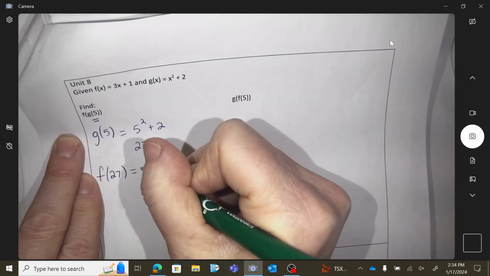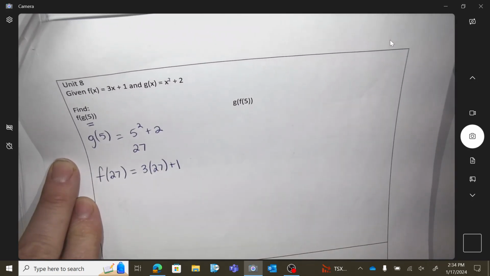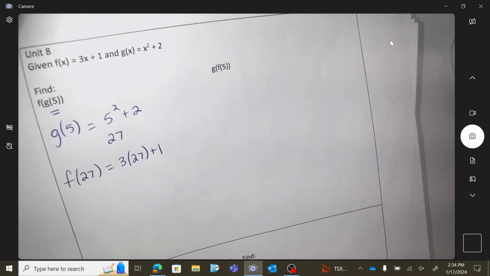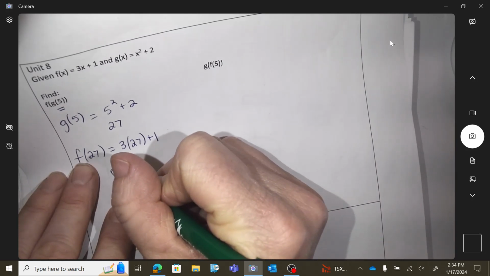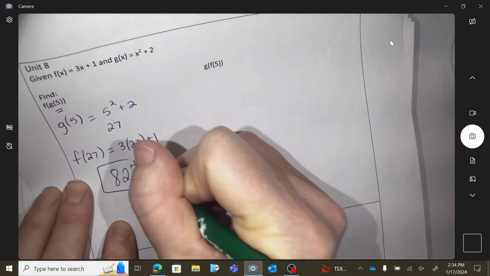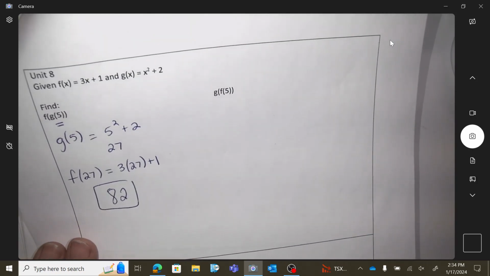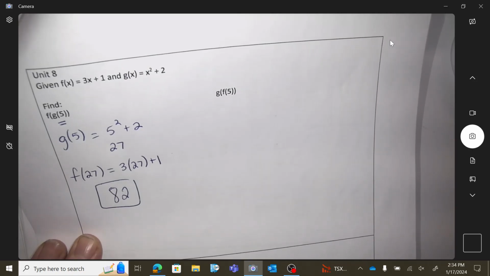So you would have to plug a 27 into the f function. Okay, why don't you try the other one on your own? I just did it in the other order.